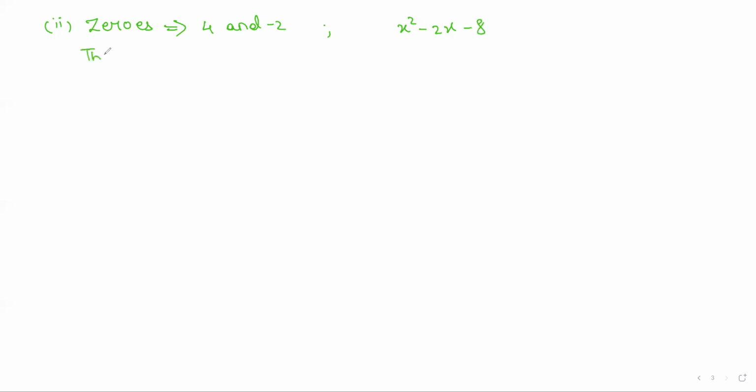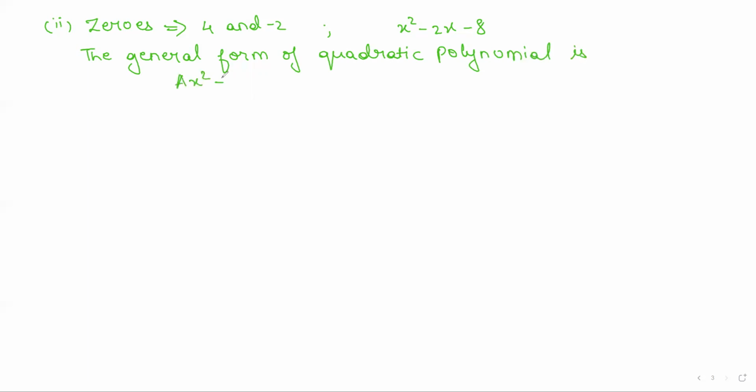The general form of a quadratic polynomial is ax squared plus bx plus c in expression form. This is given to you.